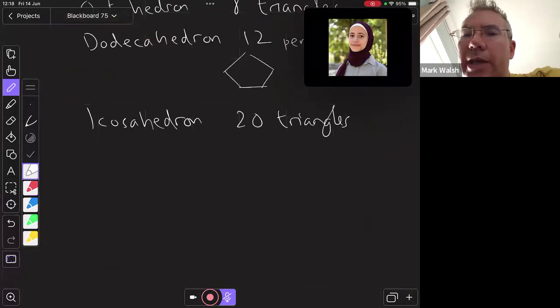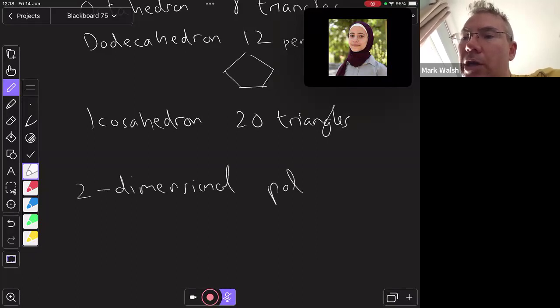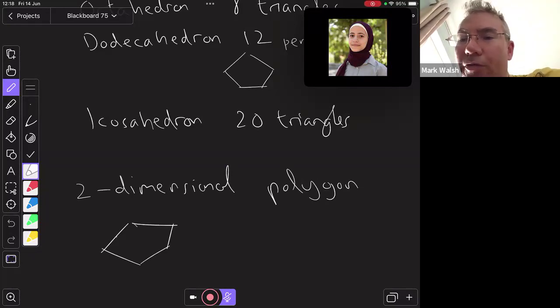If you take a two-dimensional polygon, something like this, just a two-dimensional flat shape, and we want it to be a regular polygon.